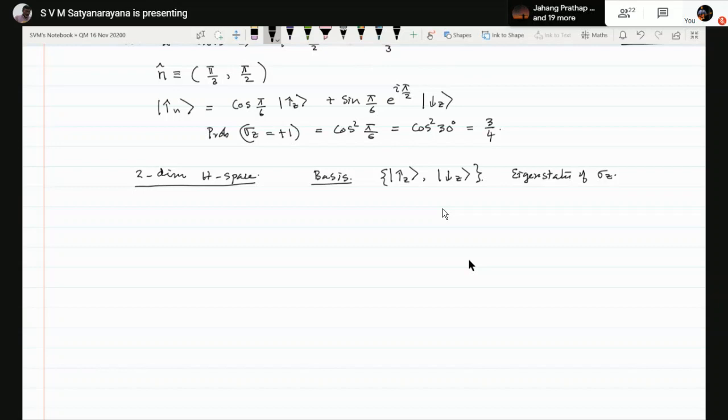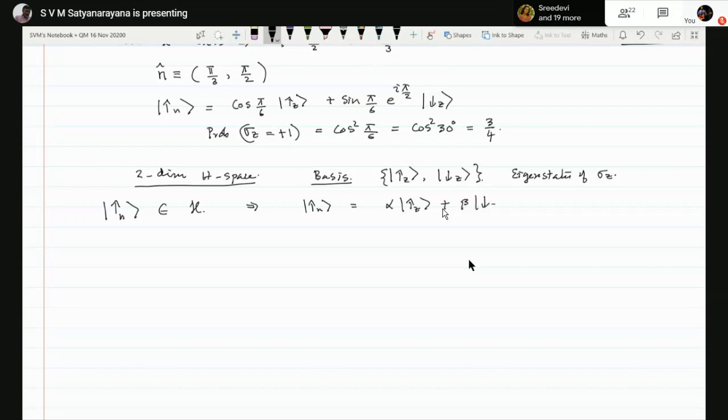So now you ask a question: I have some up n, which belongs to this Hilbert space. It implies that up n has to be some alpha times up z plus some beta times down z.